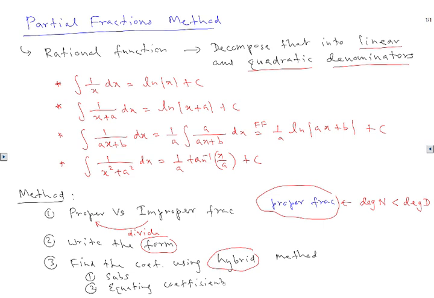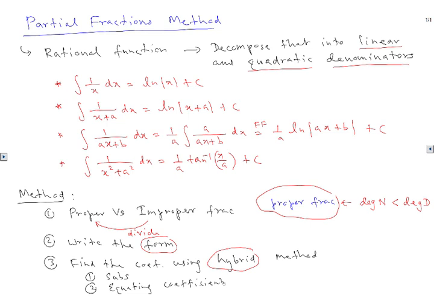So this is how the method works. We see whether it's a proper or improper fraction. If it's improper, we divide and bring it to a proper fraction. After we get the proper fraction, we start with it, a rational function with the degree of the numerator less than the degree of the denominator. Then we write the form, and after you write the form, you're going to see that there are a lot of unknown coefficients.